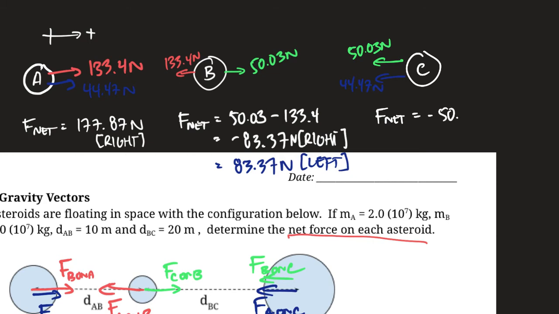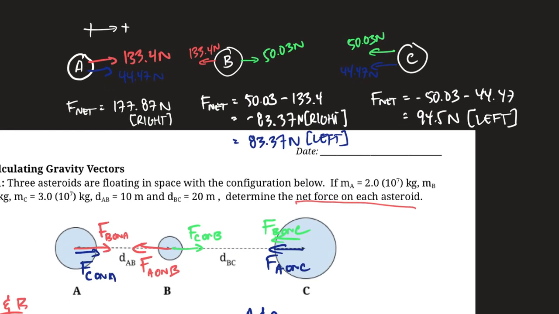So negative 50.03 minus 44.47, get a total net force of 94.5 to the left, okay? Or if we stuck with the negative, it would have been to the right, but I fixed that there. There we go, so we calculated our three net forces. So yes, as expected, that one would accelerate to the left.